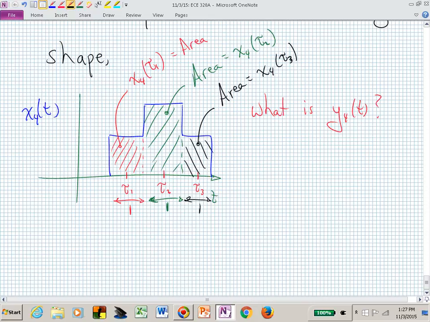An approximate answer, but it's an answer. That's what you need to feel comfortable doing. Let's maybe not get the exact answer, but let's give you an approximate answer. Well, here's some area that I'm applying to this system's impulse response at tau 1. Here's a little bit more at tau 2, and here's a little bit at tau 3. I know how to do that.